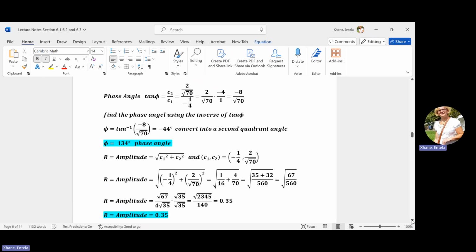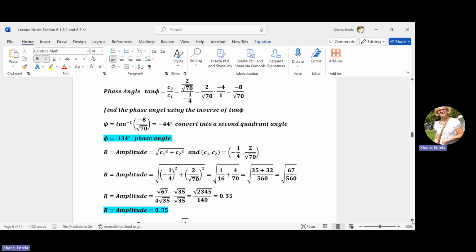Now, remember the amplitude is the square root of C1 squared plus C2 squared. So if we compute the amplitude, we are squaring -1 over 4 and 2 over square root of 70. So -1 over 4 squared is 1 over 16, and 2 over square root of 70 squared is 4 over 70.